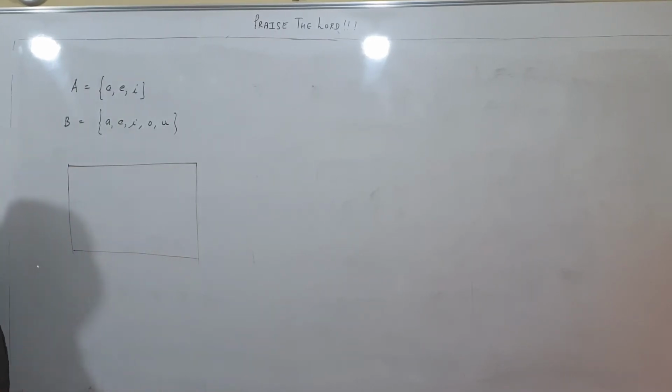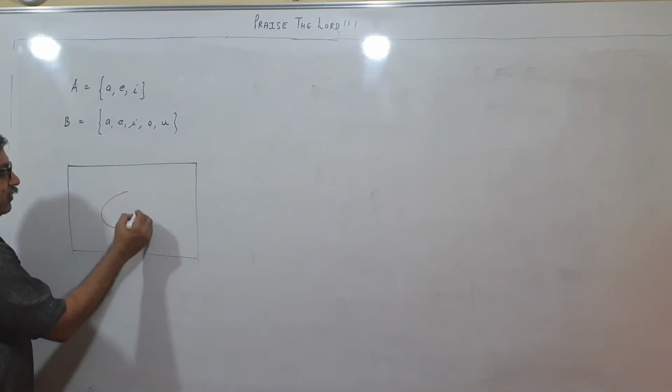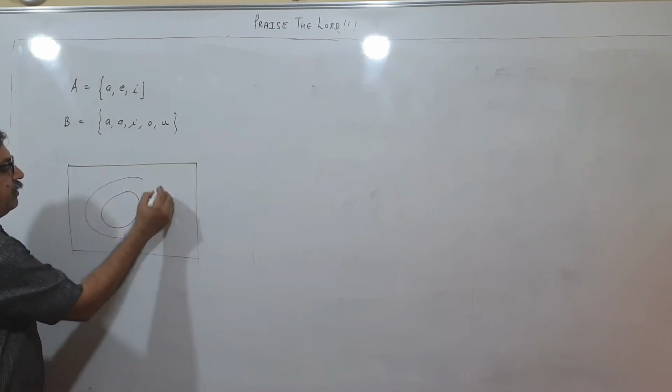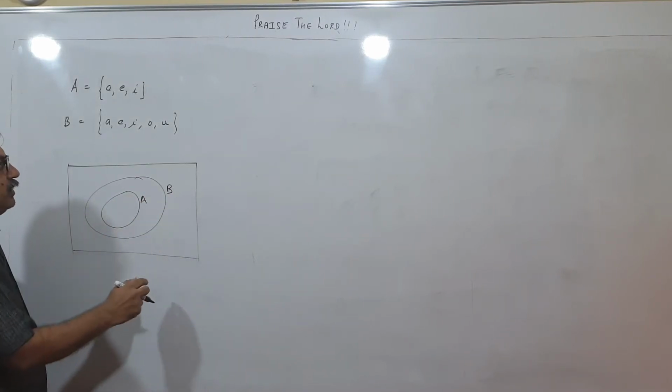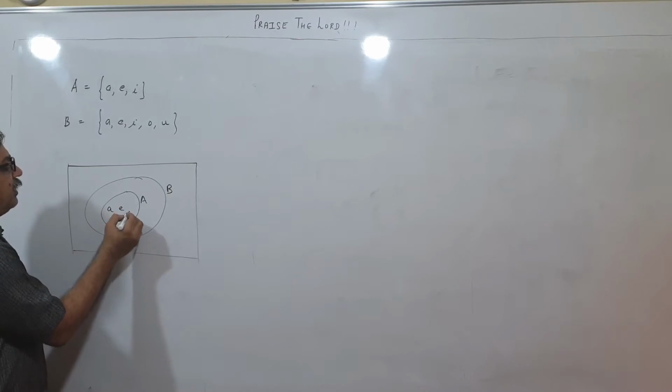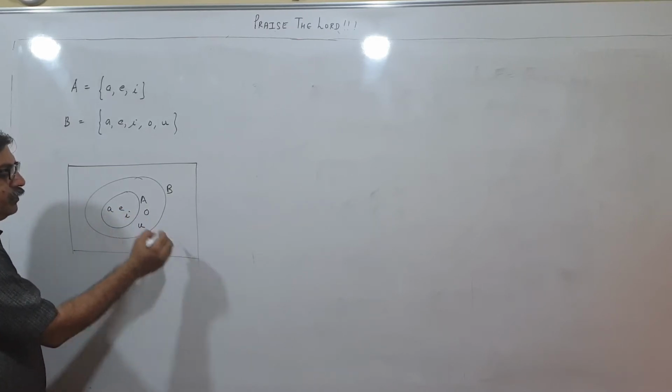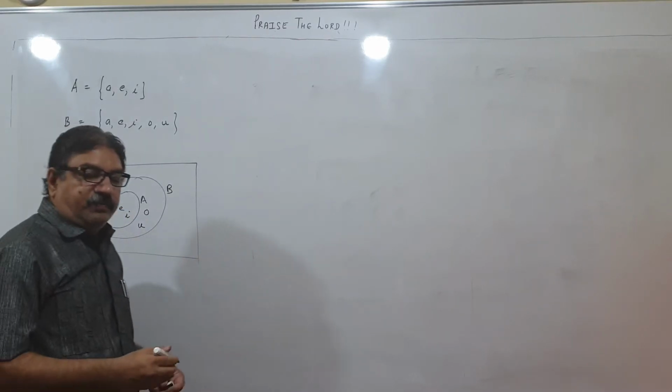Children, observe A is a subset of B. So all elements of A should be in B. So we draw like this, A and B, because A is a subset of B. A will be A, E, I and here O and here U. This will be the presentation.